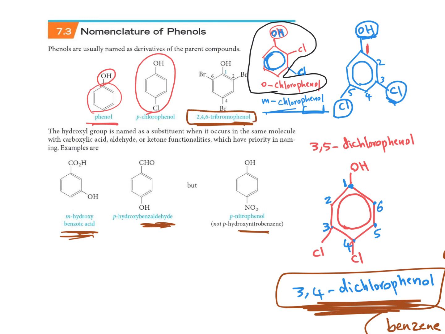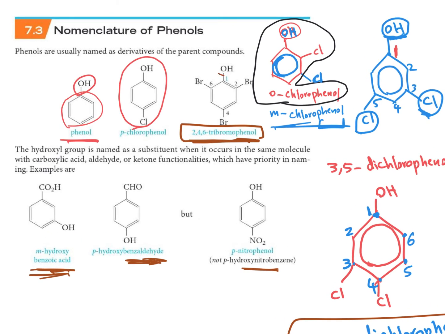So here we have OH attached to our carbon. We start naming that from 1, because of the OH, and then 2, 3, 4, 5, 6. If we have 3 bromines attached to our phenol, we call that 2,4,6-tribromophenol.